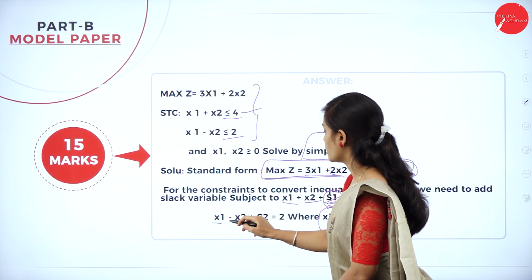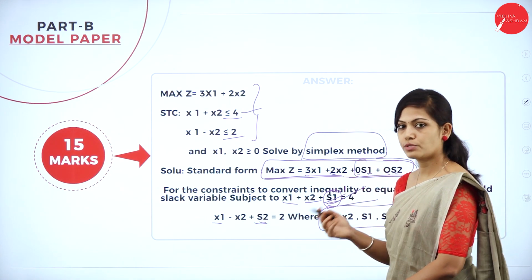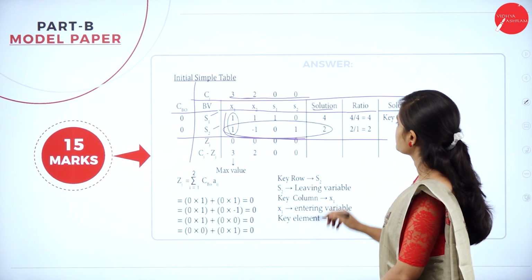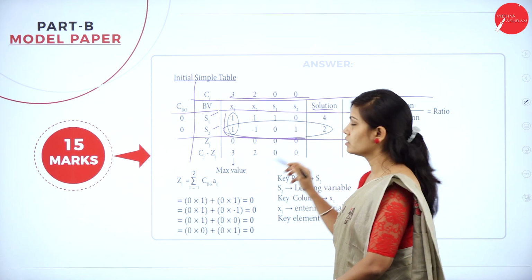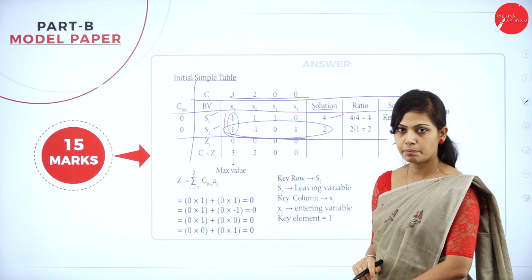In the second equation, x1 is 1, x2 is -1, s2 is 1, and s1 is 0. Write all the given values, and the solution is the RHS value. The RHS value should always be positive.